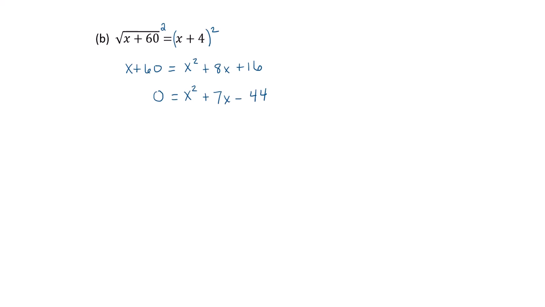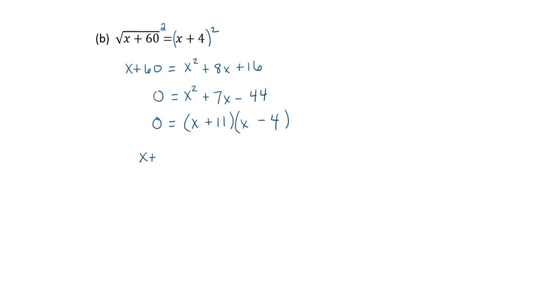Now I can factor. x times x gives me my x squared. If I have a positive 11 and a negative 4, those will multiply together to give my negative 44 and add together to be the 7x that I need in the middle.